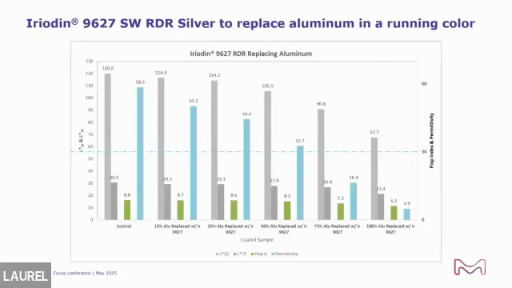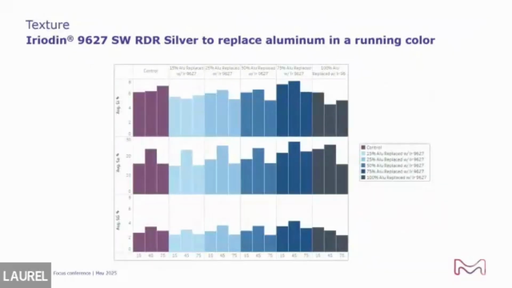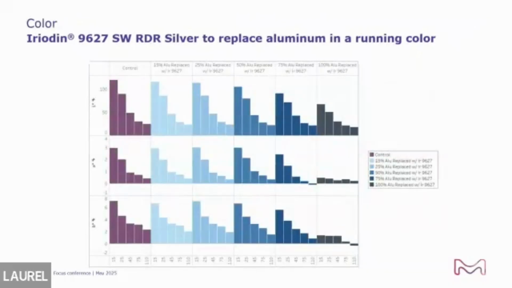So that's the data. And here is the color data. We already talked about it, but I just want to show one more thing. You can see the LAB values are quite in the same trend.